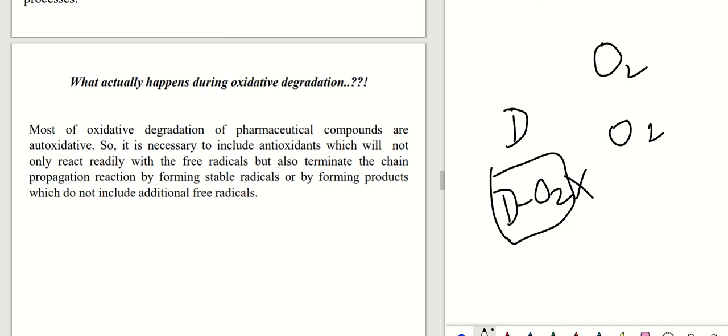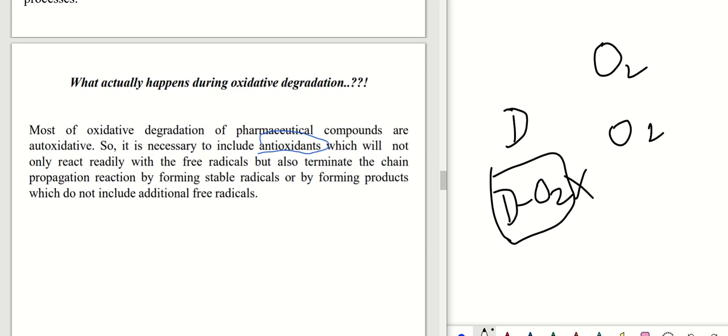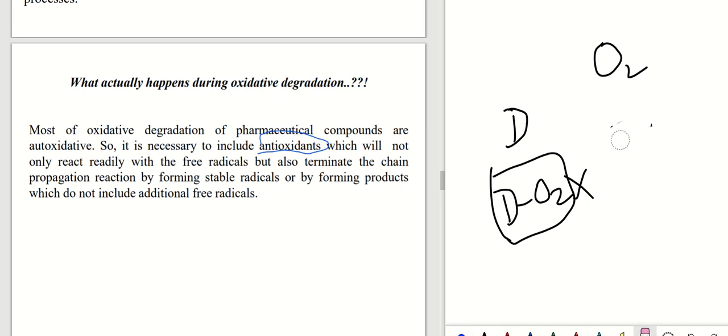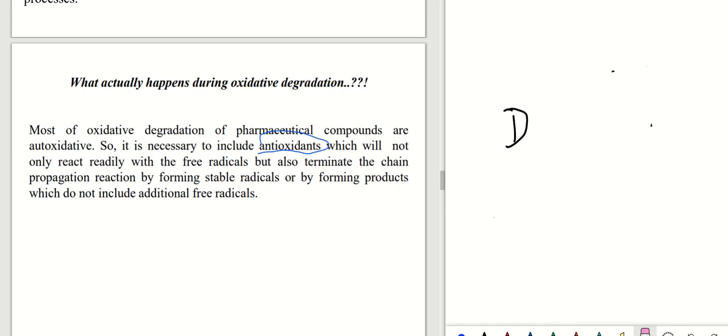Now what actually happens? This is the thing. How do antioxidants play a major role? The name itself indicates antioxidant. Now let me explain this way. Take the same drug molecule in the presence of oxygen and in the presence of antioxidant.